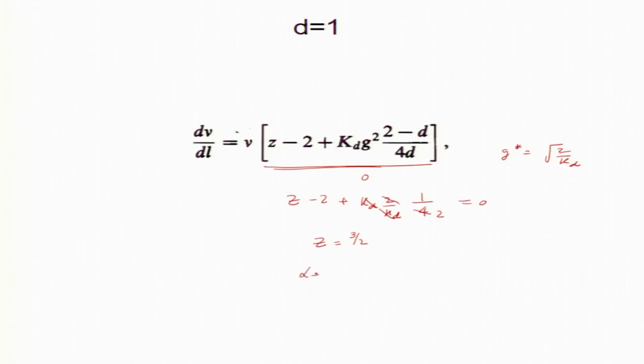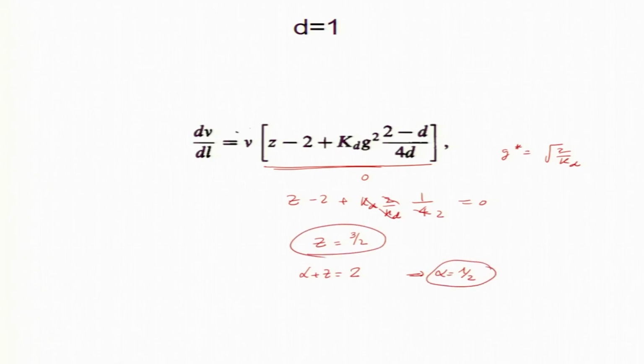And remember alpha plus z equal to what? Anyone remember? Alpha plus z equal to 2, that means alpha is half. So, that is the prediction for d equal to 1 and that matches with experiment. That is a triumph of the KPZ equation, that these exponents we are able to get from theory with a long calculation.